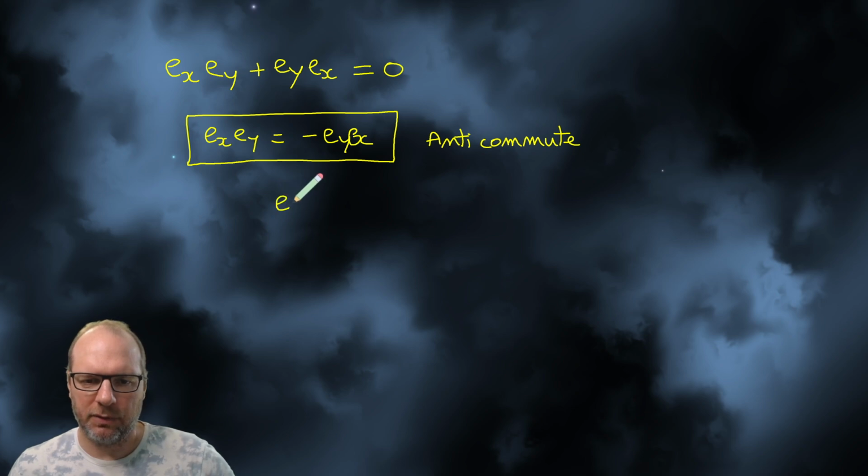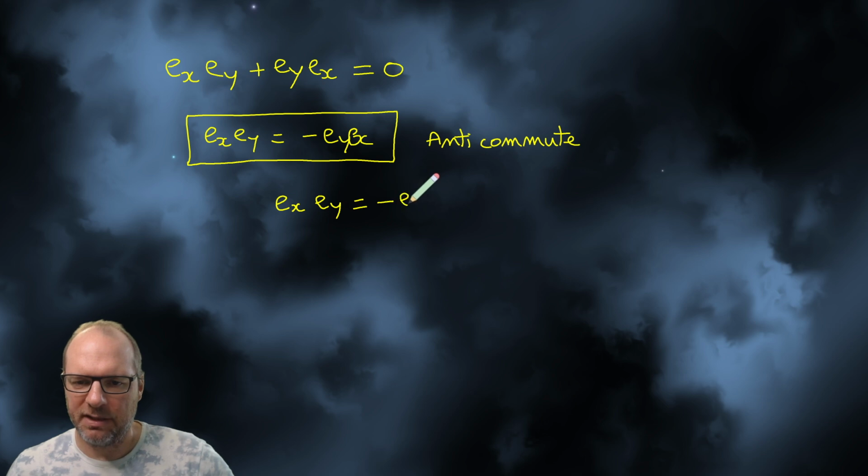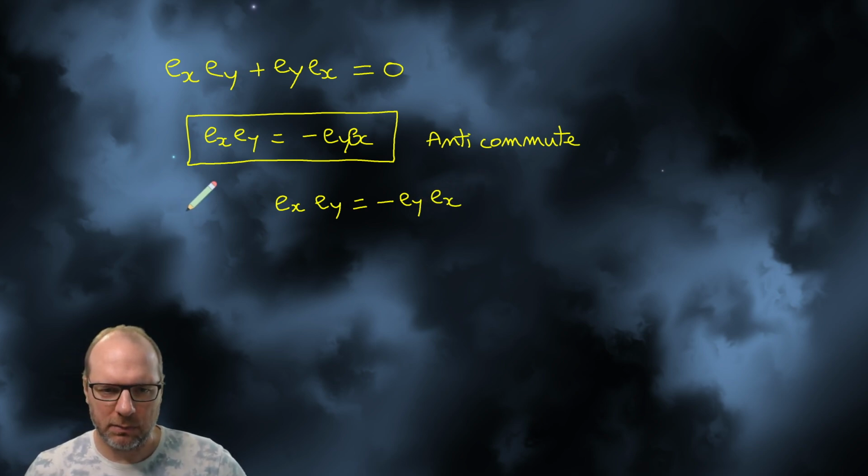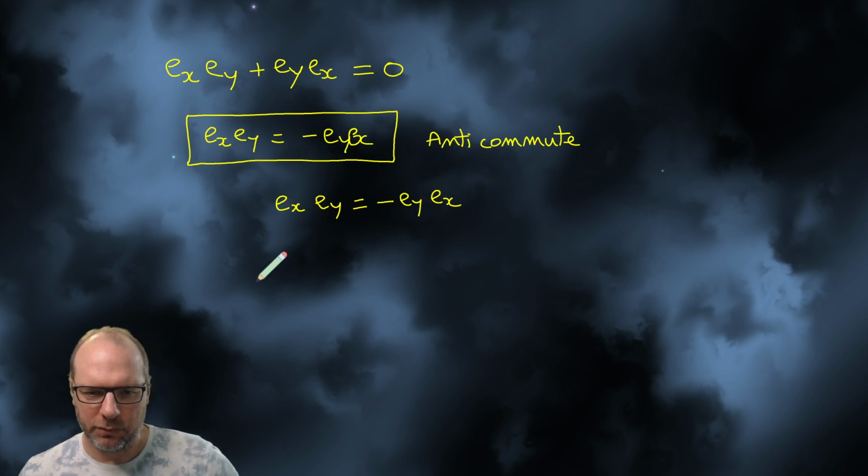So if we multiply in our algebra e sub x, e sub y, this is the same as minus e sub y, e sub x.